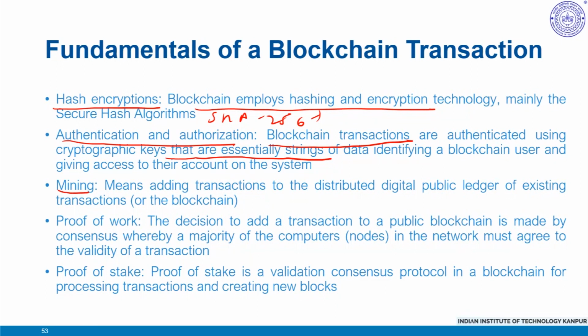Next, very important, you have the mining process. In blockchain technology, mining means adding transactions to the distributed digital public ledger of existing transactions, or blockchain. Although primarily associated with Bitcoin, mining also applies to other blockchain usage scenarios.